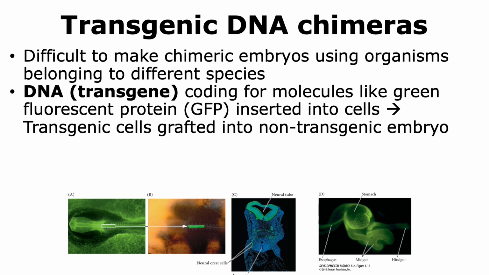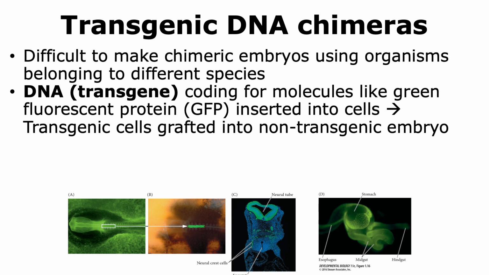Since it's not easy to make chimeric embryos of all kinds of organisms, transgenic DNA chimeras have also been a popular tool. In this case, a transgene, or basically a piece of DNA that codes for a protein like the green fluorescent protein or GFP, is inserted into the cells during the early embryonic stages.